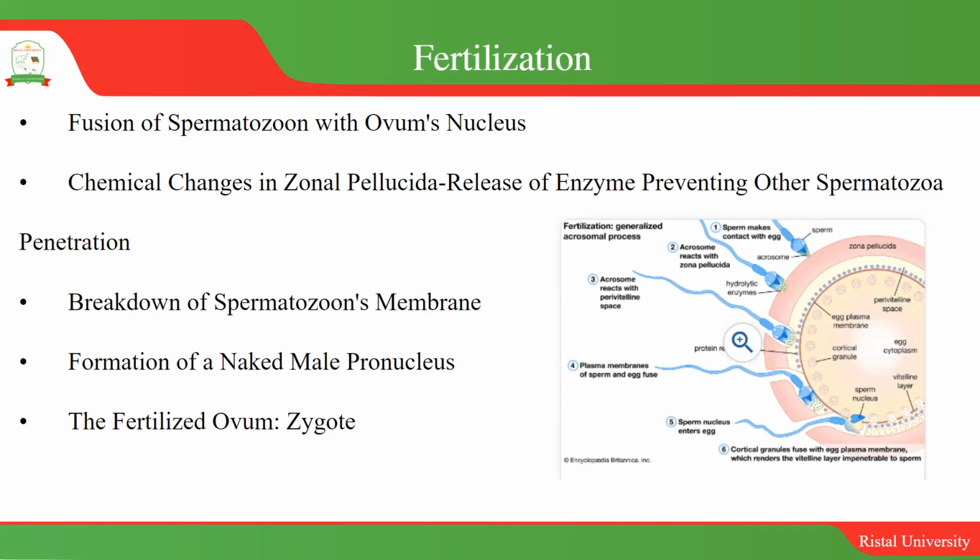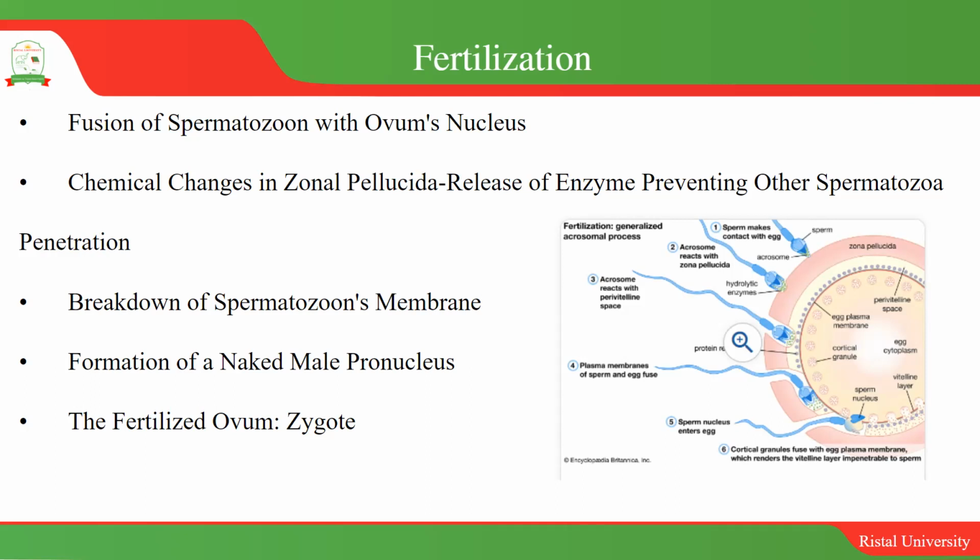Its penetration is aided by a reaction which we call the acrosomal reaction, and this is depicted in the picture that we have. The first step is that when the sperm cell makes contact with the egg, which is the ovum, you will have lytic enzymes released from the acrosome.